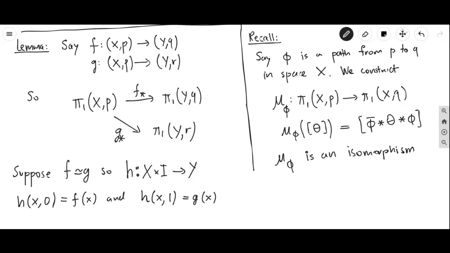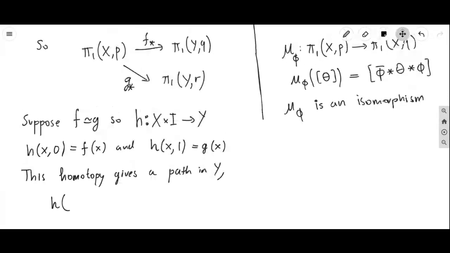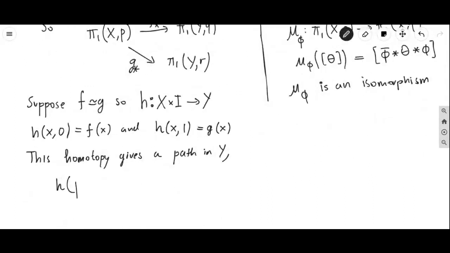Okay. Now, this homotopy gives a path in Y as follows. If you look at this homotopy, and for x you set it equal to p, because we start at p, H(p, t) gives a path.